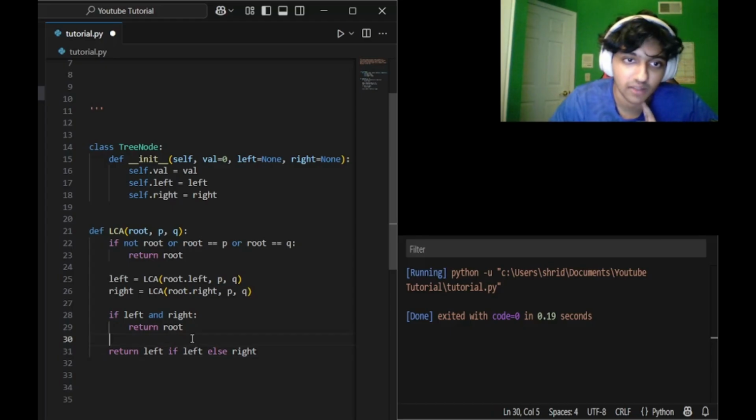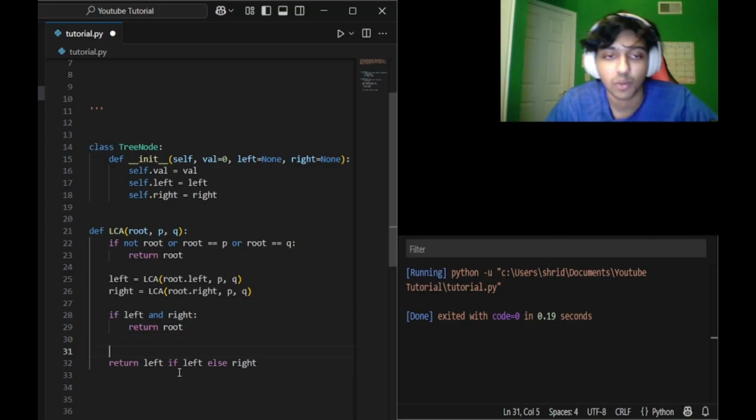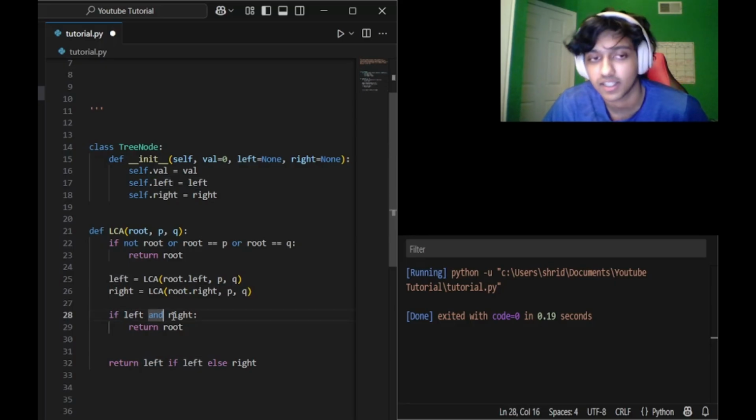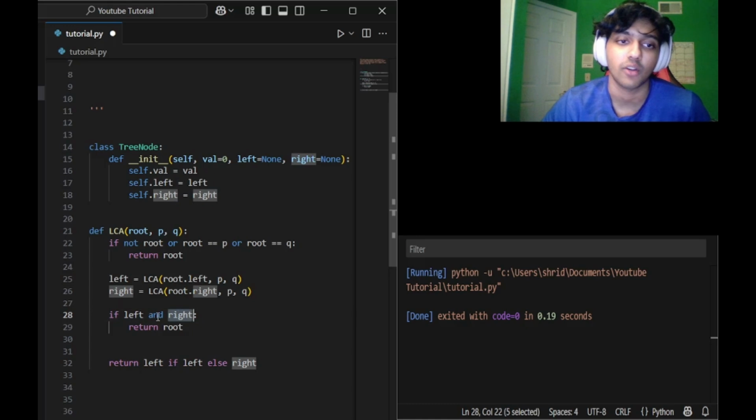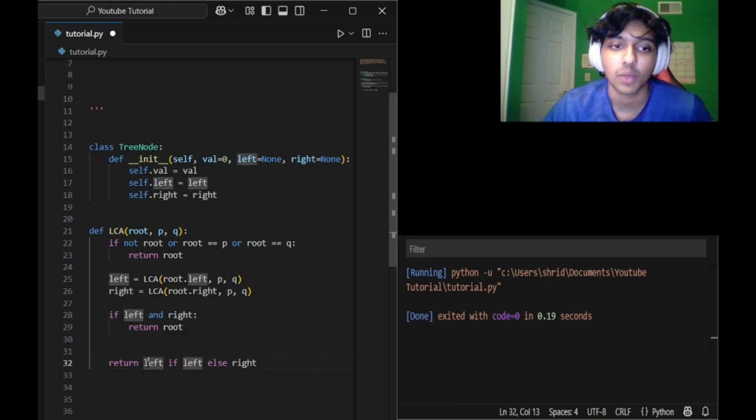That's a little bit confusing, but essentially it's going to be returning whichever one doesn't result in none. So just to recap the previous one, left and right means that P is in one, Q is in the other, or vice versa. However, this one means that P and Q are both only in one. So we're going to be trying to return which one is that one.